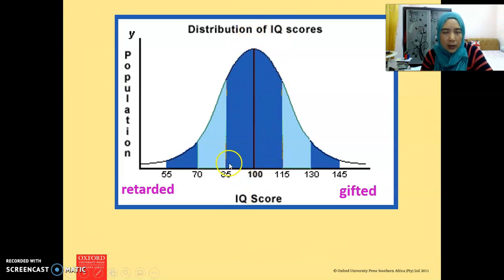Here we can say that the IQ of average people is normally around 100, and the left skewed and the right skewed, especially the right one, consists of people that have gifted IQ, and the negative or left skewed, at the end of this tail, is for retarded, or low IQ.